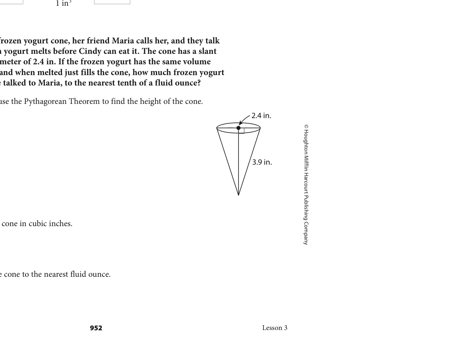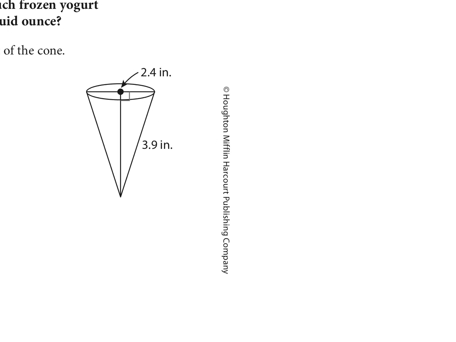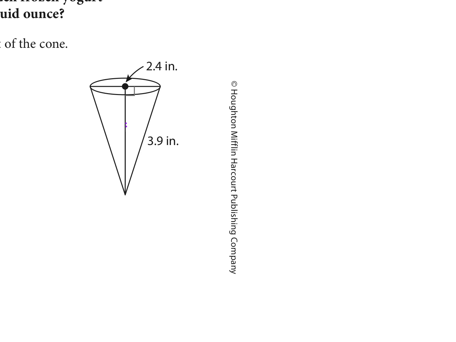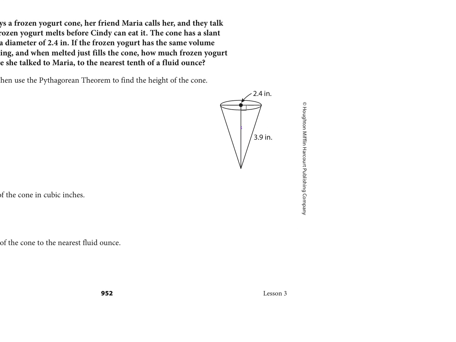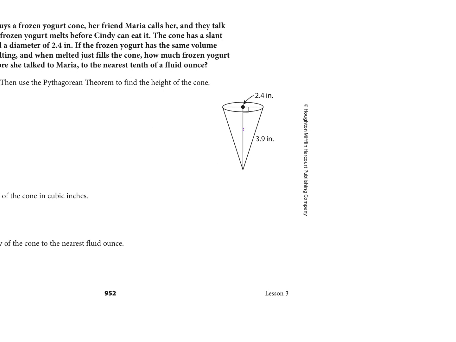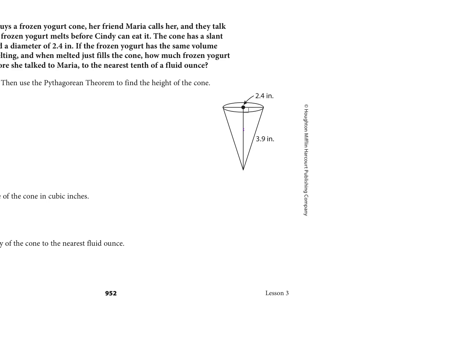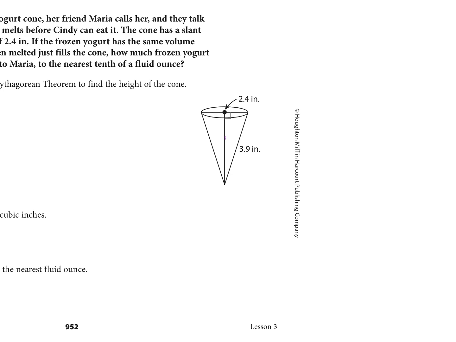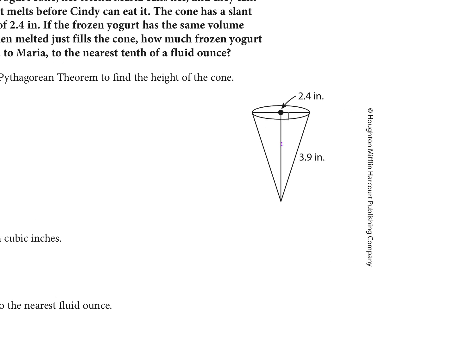Cones, that's with the circular base. Here we have to use the Pythagorean Theorem to find the height, page 952. So 3.9 squared minus 1.2 squared. This little piece right here is going to be 1.2.